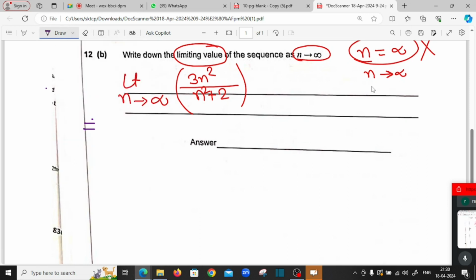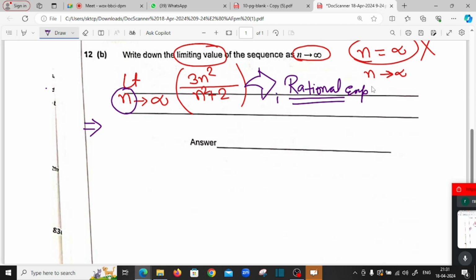Right now what we can do is, if your n tends to infinity and you have a rational expression here, do you know what a rational expression is? It should be some polynomial upon some polynomial, right?